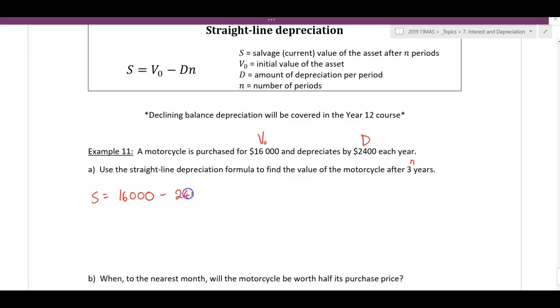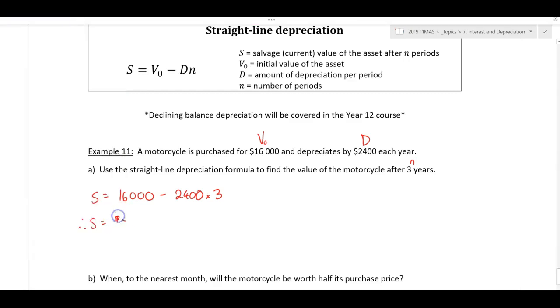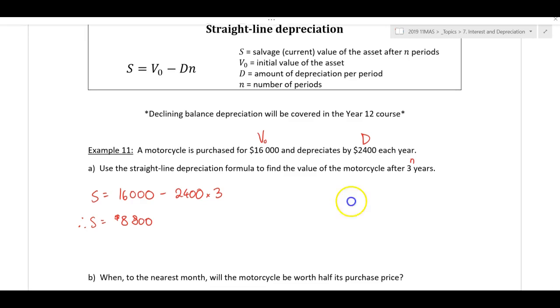So 2,400 times 3, I'm still going to grab the calculator, so 16,000 minus 2,400 times 3 equals 8,800. There we go. After 3 years, barely half the original value.